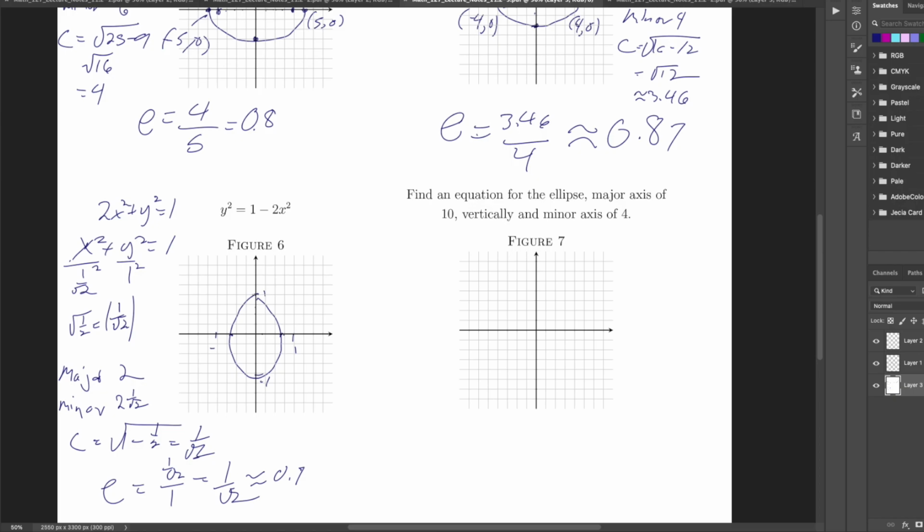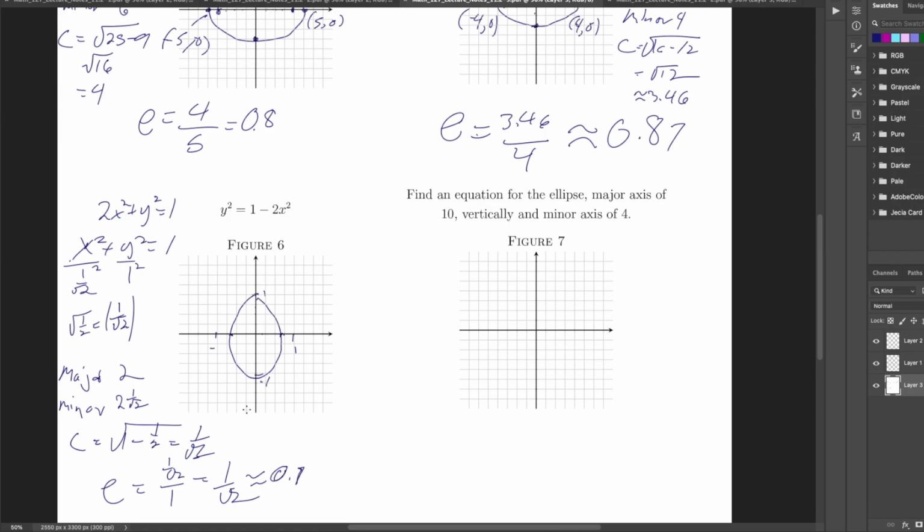I can get that number correct in my head, so 1 divided by square root of 2. Yeah, it was 0.707, so about 0.7 is good enough.